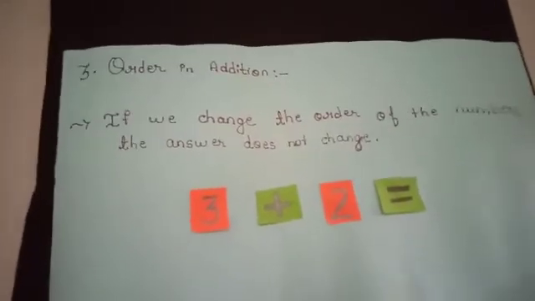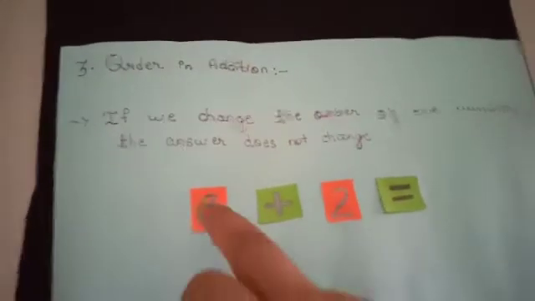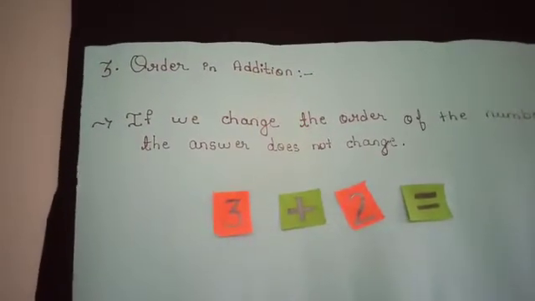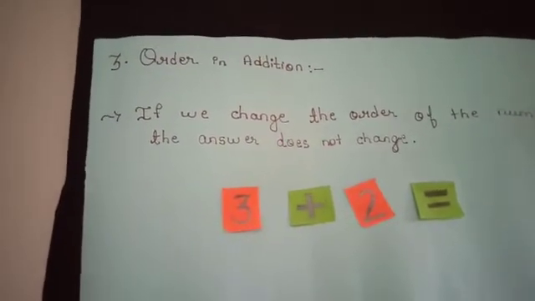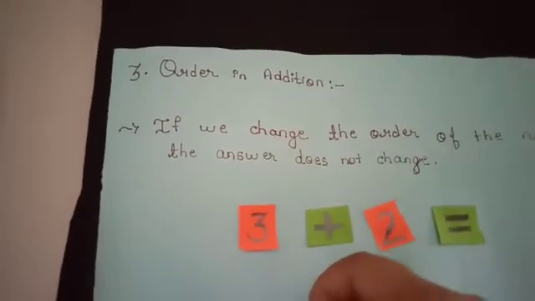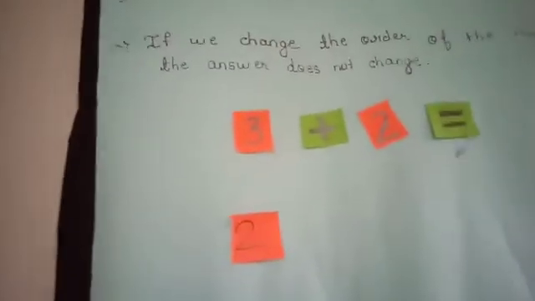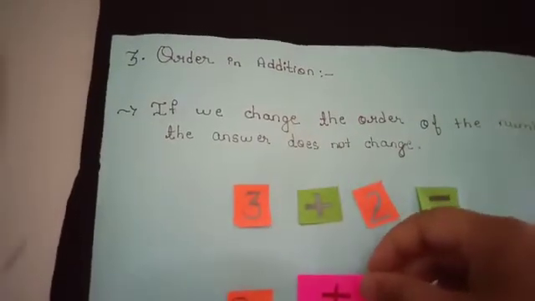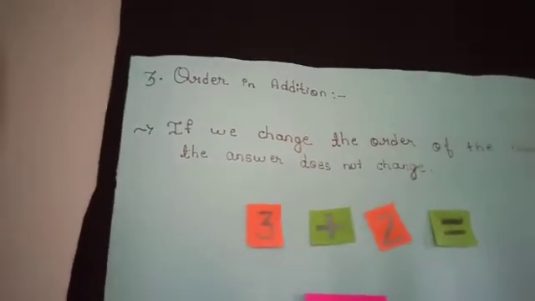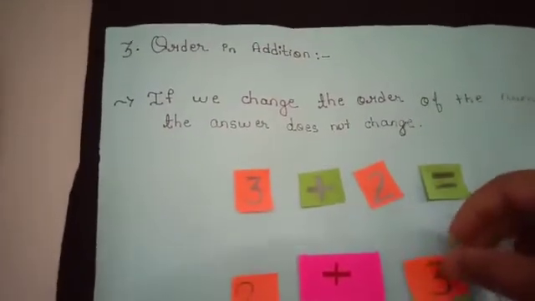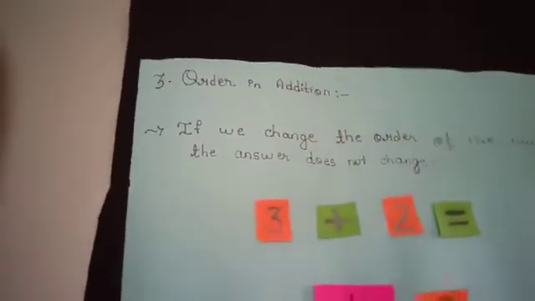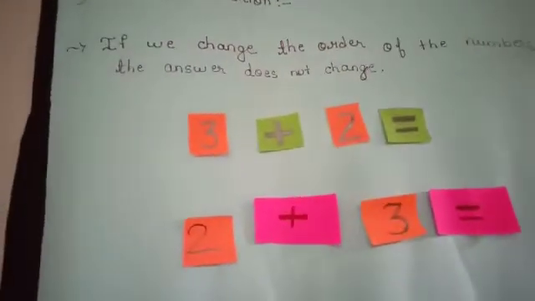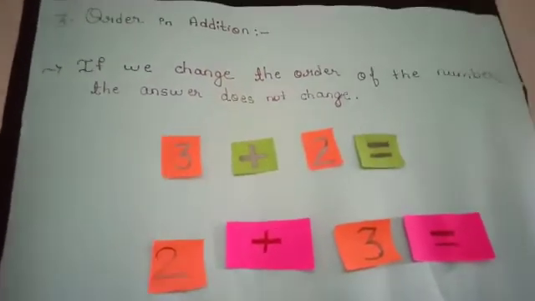Here we took 3 as our origin and 2 as our addend, but now we will take 2 as our origin and plus 3 will be our addend and equal to. Now do you think, children, the answer will be the same or different?